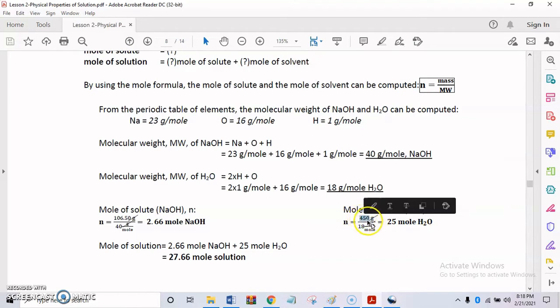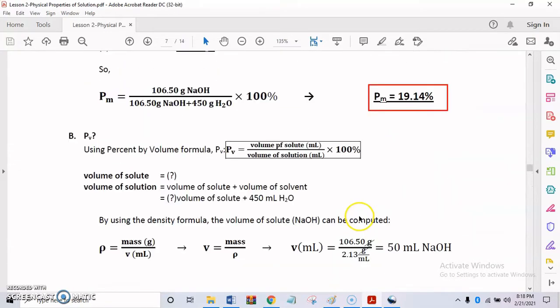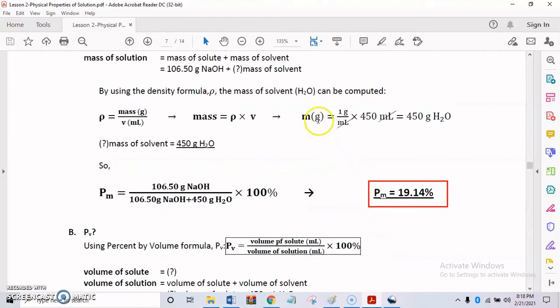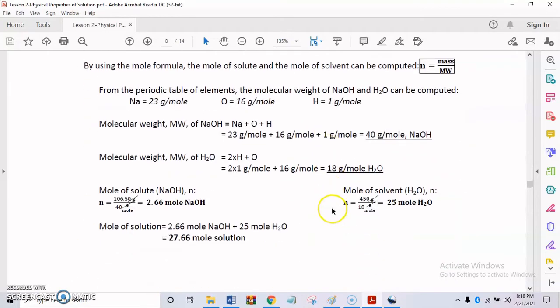So yung mole of solvent natin, which is yung water, yung na-solve nating mass ng ating tubig, which is yung 450 grams. Ito siya. Okay? 1 gram per ml, yung density, times 450 ml equals 450 grams of water. So, 450 grams all over 18 gram per mole equals 25 mole water.